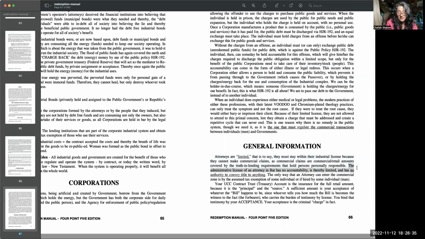The administrative license of an attorney in bar has no accountability. Wow. Is thereby limited and has no authority to convey title to anything.